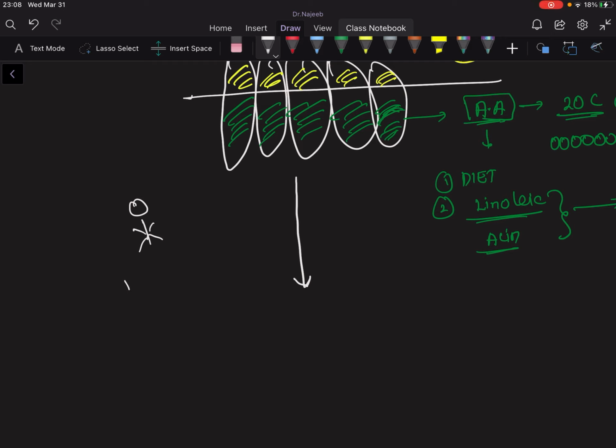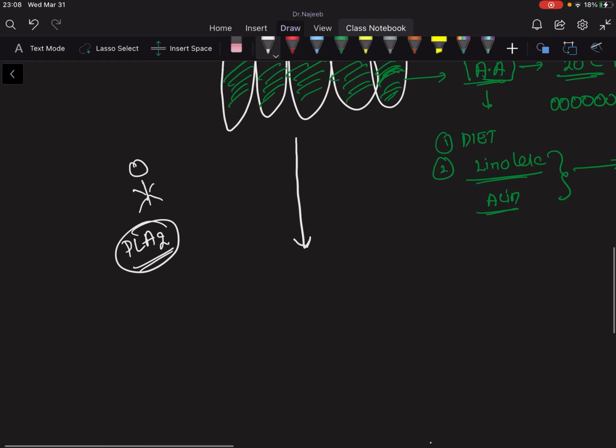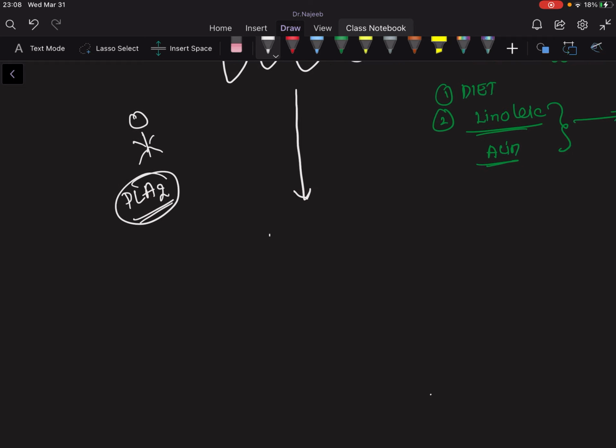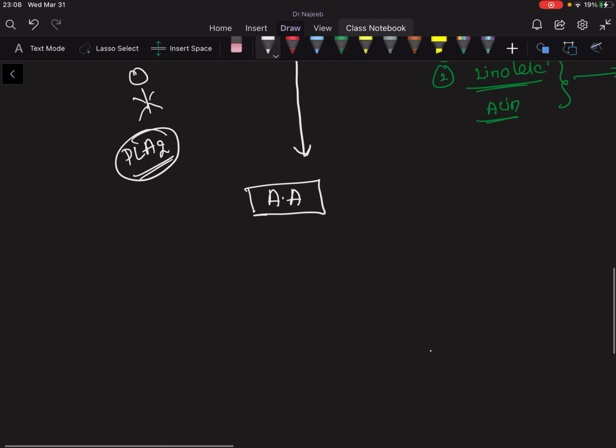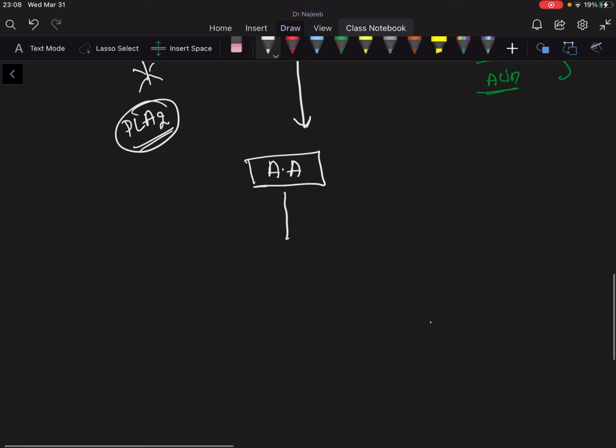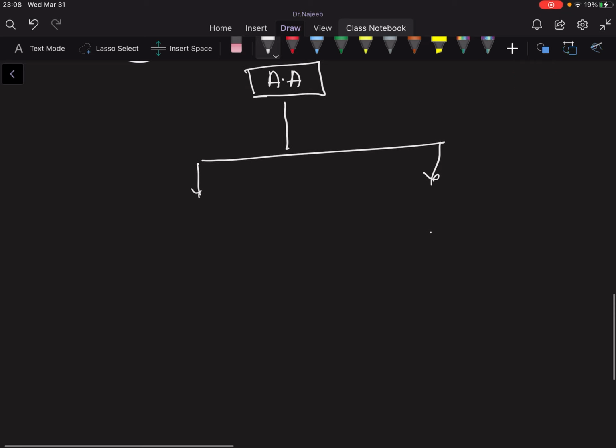What is this enzyme called? It is called phospholipase A2. This enzyme will separate the arachidonic acid, and this arachidonic acid will eventually form prostaglandins and leukotrienes.